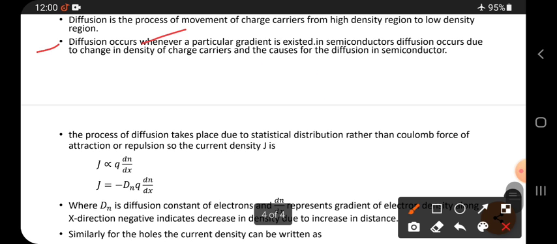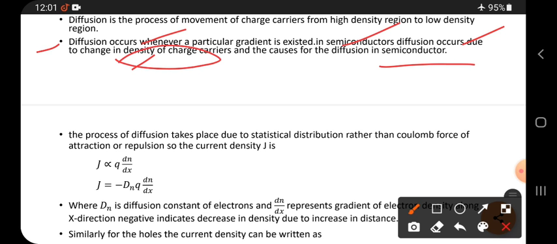Diffusion occurs whenever a particular gradient is excited. In a semiconductor, diffusion occurs due to a change in density of charge carriers, from a high density to a low density region.